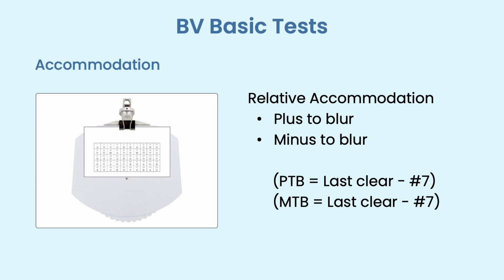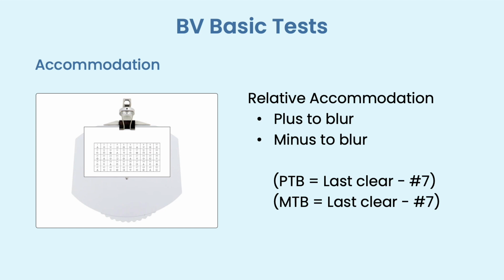For the relative accommodation tests, I like to use a numbered chart with letters or shapes to double check if the patient can really see the target when I add plus or minus. And I always do plus to blur and then minus to blur. With negative relative accommodation, you relax accommodation by adding plus to blur.